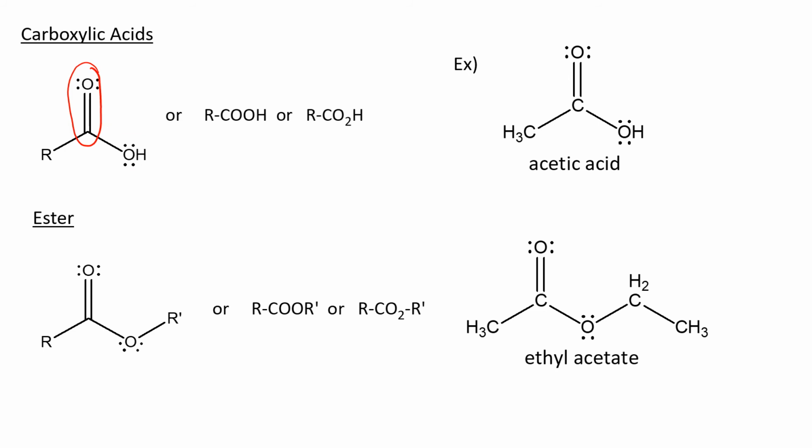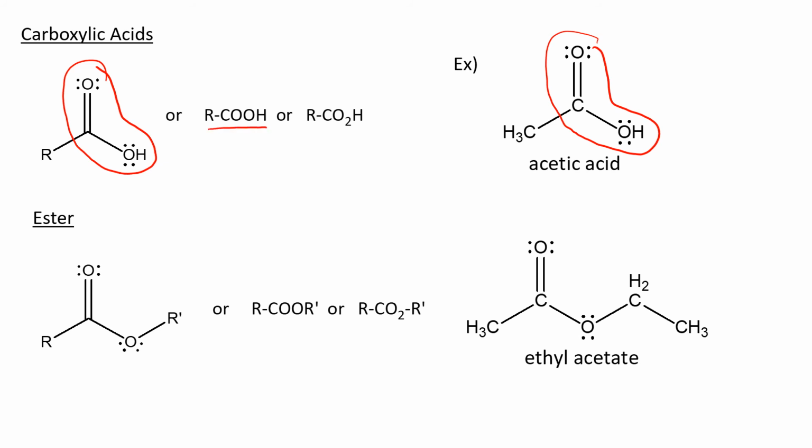So the characteristic of carboxylic acid is that we have that carbonyl connected to an OH. An example would be acetic acid. You see the carbonyl and the OH attached to the carbonyl carbon. Another way to represent a carboxylic acid is COOH or CO2H.